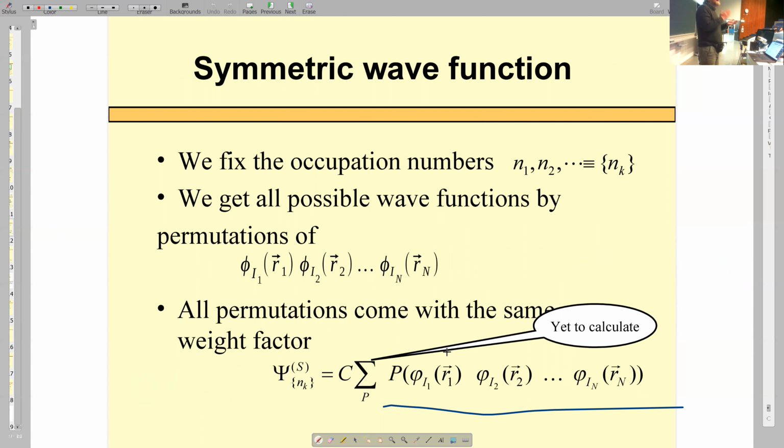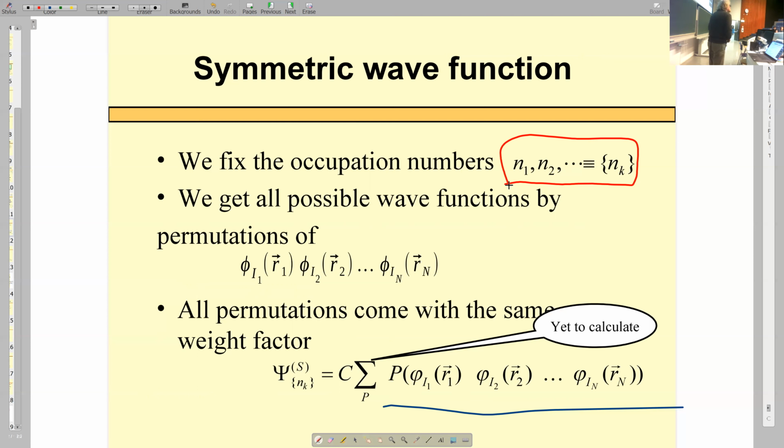We take wave functions which correspond to the same occupation numbers. It's a much smaller subset than the whole set. Still, there are plenty of those. We have a formula for this number, but it's only functions at fixed occupation numbers. Then we do this symmetrization or anti-symmetrization. From many, we have only one, right? Which means that for each set of occupation numbers, we have found a unique wave function.